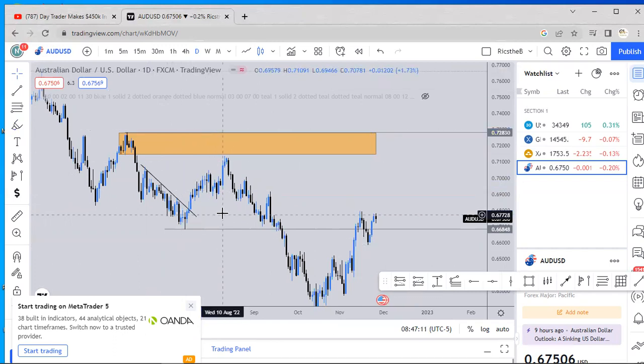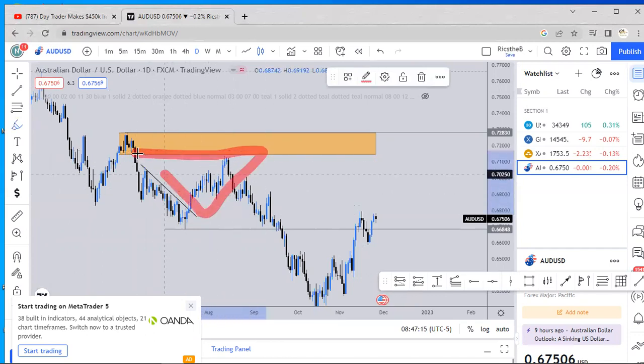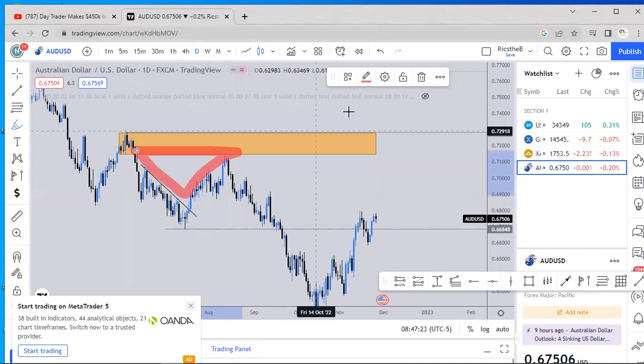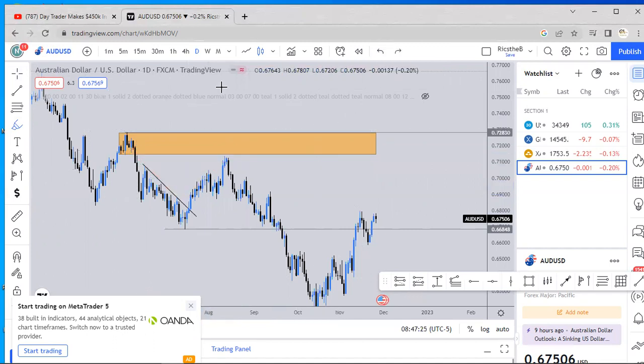And if you can see clearly, this right here was a void getting created. We can call it a vacuum or a void. This was a liquidity void created by this trend line.